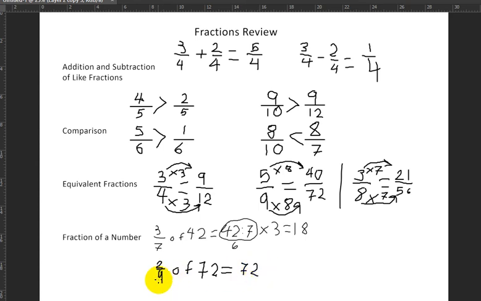What I'm doing is dividing it into 9 equal pieces. So 72 divided by 9. And then I'm taking whatever I find, and I'm taking 2 of these pieces, so times 2. 72 divided by 9 makes 8. Times 2 makes 16. And there we go. That's how we work with fractions like this.